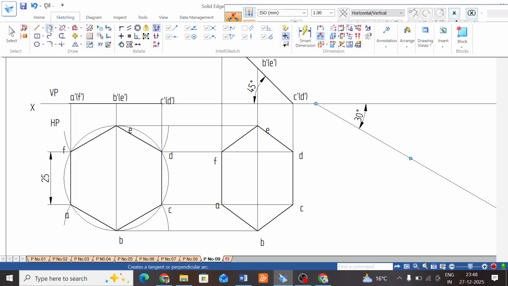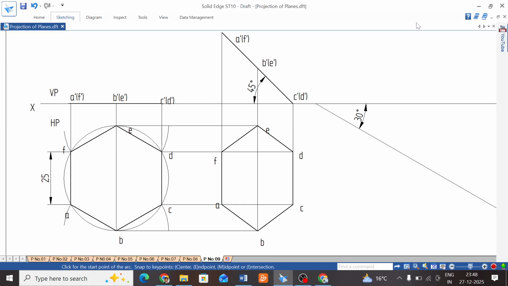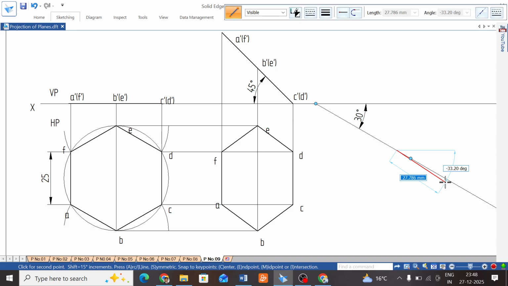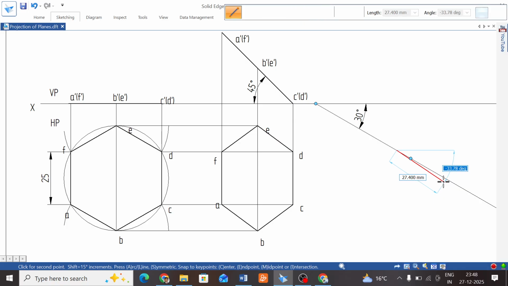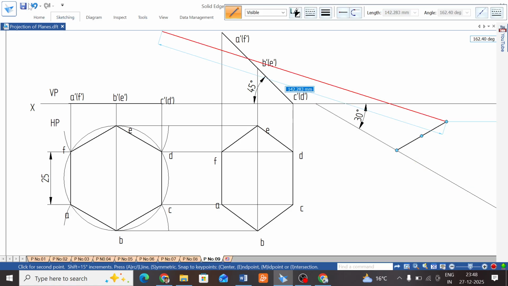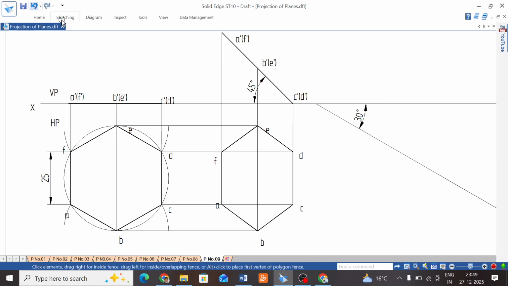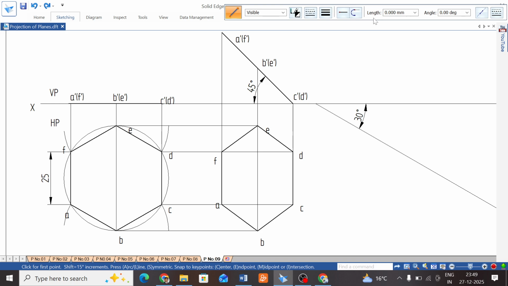Okay, on this 30-degree line, D and C have to be redrawn. Take a line command, that is a scale and pencil, and next thick line. On this line D to C is 25 mm, 25 mm length on the 30-degree line using thick line.